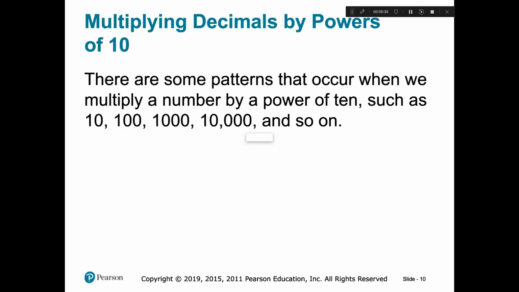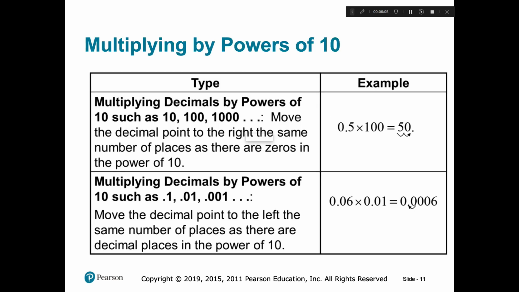When we multiply by tens, or powers of ten as they're called, hundreds, thousands, 10,000s, and so on, when we have a decimal, we can just move that decimal place. So when we multiply by 10, 100, 1,000, or 10,000, we just move that decimal place to the right however many zeros that you have.